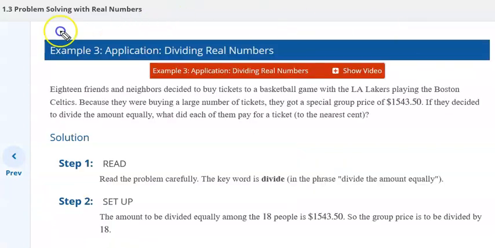Now for example 3, again, we want you to write the numbers down. You don't have to write the problem in this case. So 18 friends and neighbors decide to buy tickets to a baseball game with the Lakers. If the total price of the tickets was this, what was the cost of each ticket?